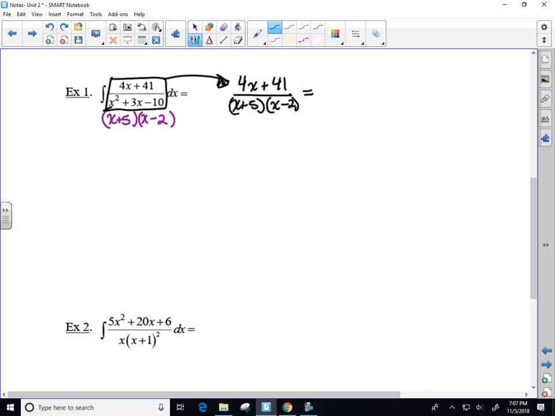If we're going to unget a common denominator, then what we're looking at are 2 fractions, each of which having one of the factors as its denominator. I just have to figure out what the numerators are so that when I get a common denominator and put it all together, I would come up with 4x plus 41. All right?